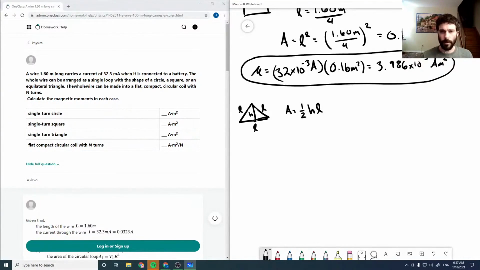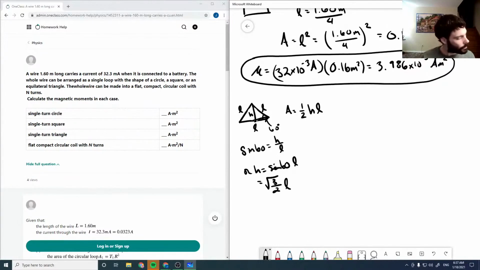It's an equilateral triangle, meaning each of these angles is 60 degrees. So for our height, I guess I might as well do it this way. The sine of 60 degrees is our height over our length, so our height is sine 60 times our length, which is root 3 over 2 times our length.